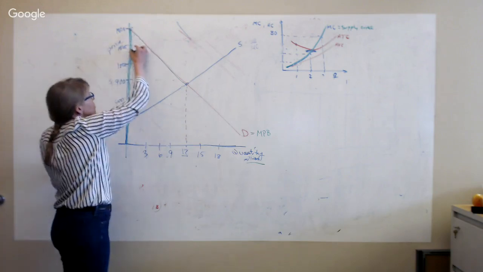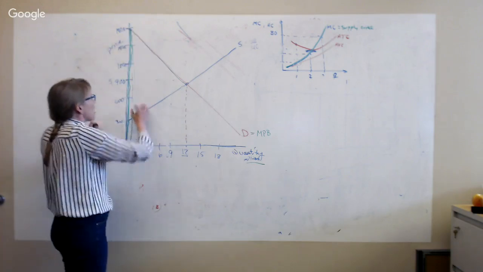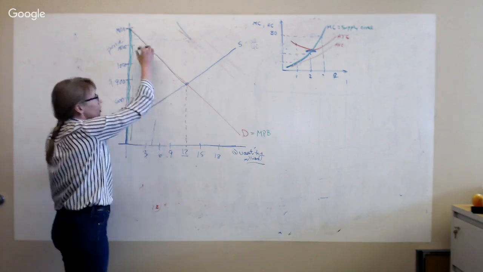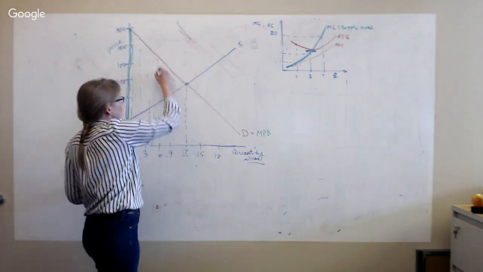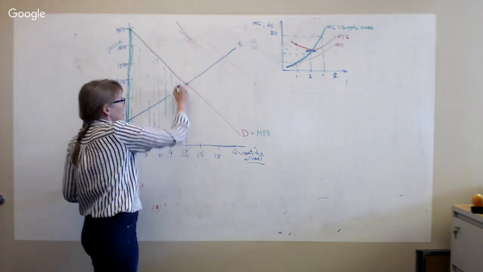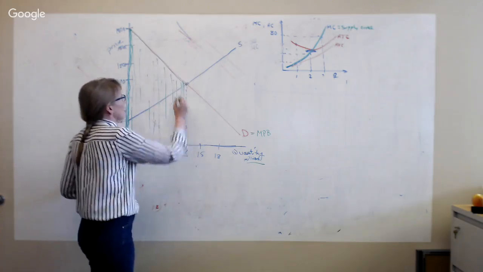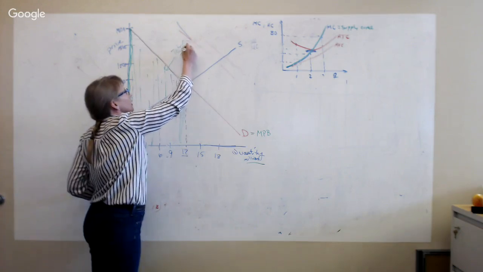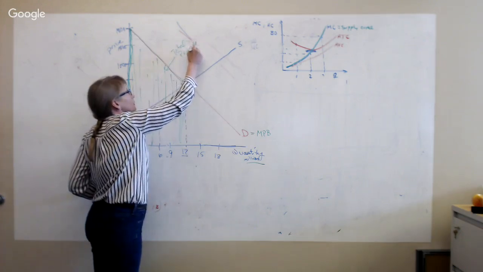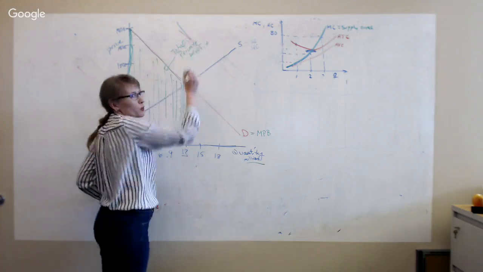And if we were to add them all up, what we would get is this green area right here ends up being the total private benefit consumers get.